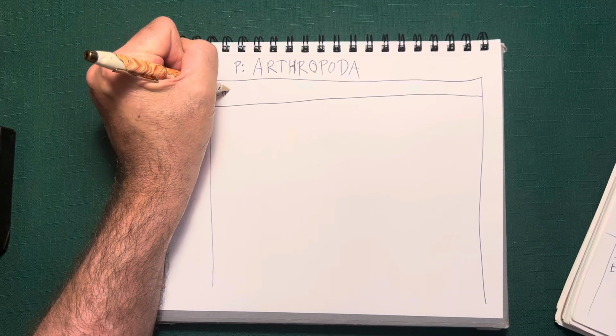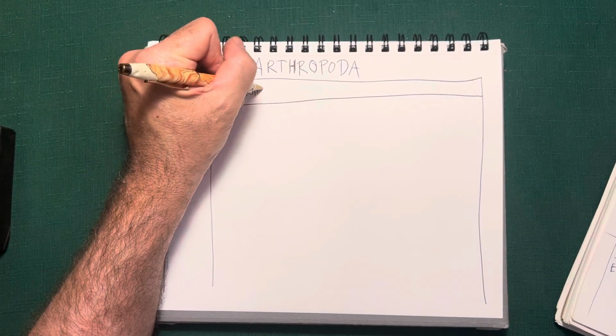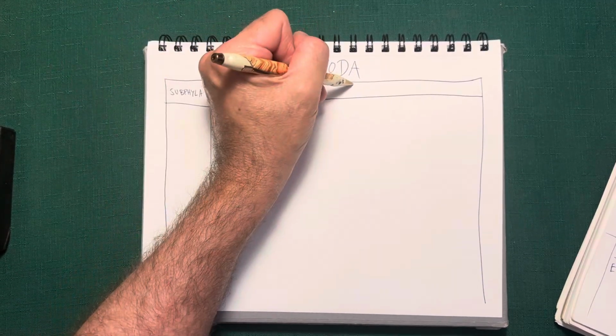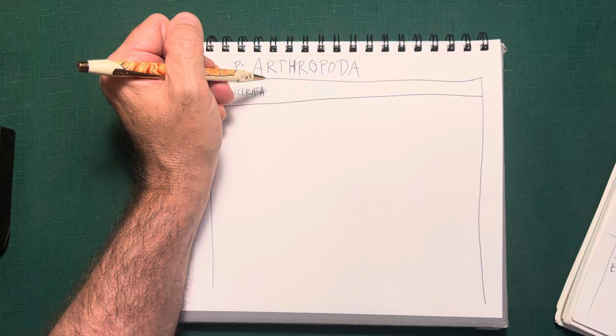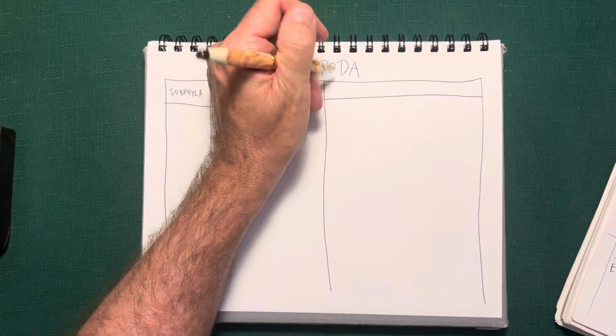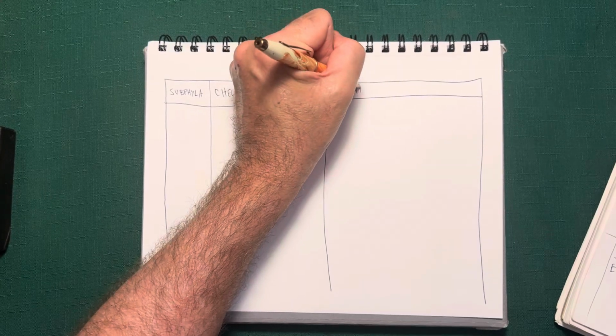They're called Chelicerata and roughly halfway, maybe a little bit less than halfway, Mandibulata.